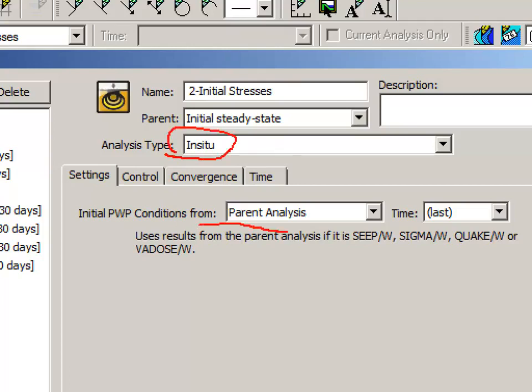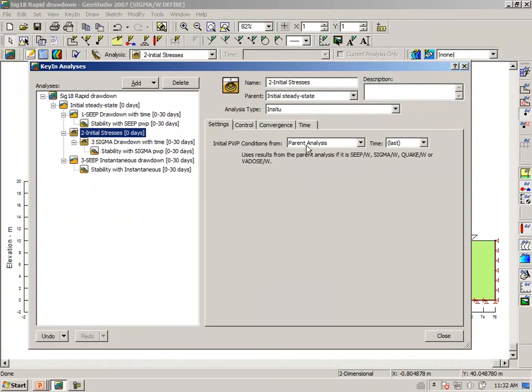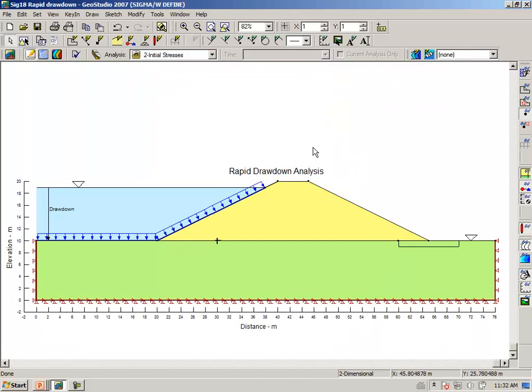We are going to get the pore water pressures from the parent, and the parent is the initial steady-state seepage analysis. There's one important point about this particular case that we have not encountered before, and that is in the in situ analysis we have to account for the weight of the reservoir water with a boundary condition.